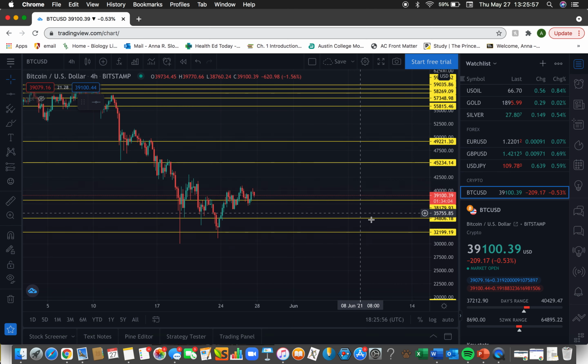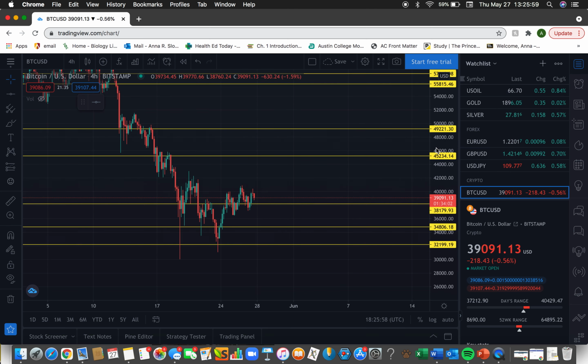What I use these levels for is to know when to get into a trade, or when to get out of a trade. Say I see the downward action going, and I see it just broke this resistance level. I might put in an order at this one because I think it's going to bounce back.